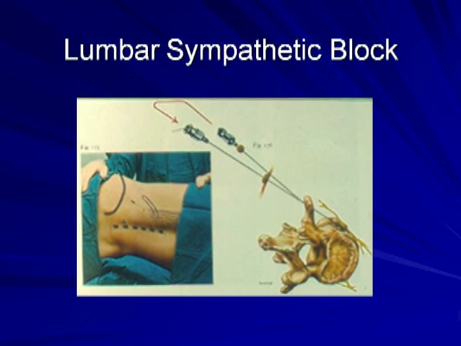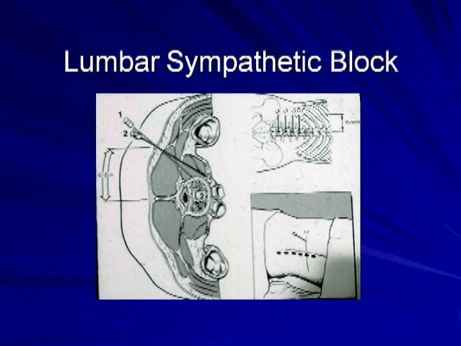You give the local, and here's another picture of it, cross-section, where the needle is placed right in here, away from the somatic nerves. And you can either put one needle and give a large volume to get spread up and down the fascial plane, or you can put in multiple needles at the various levels.